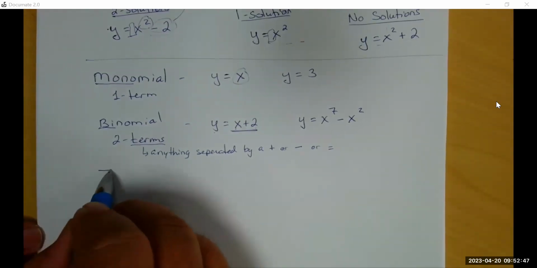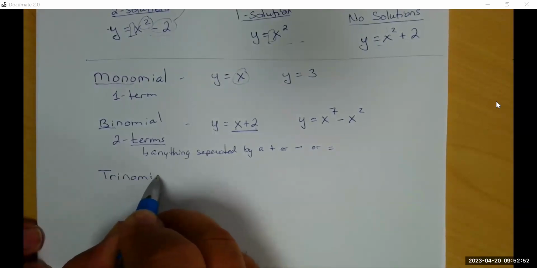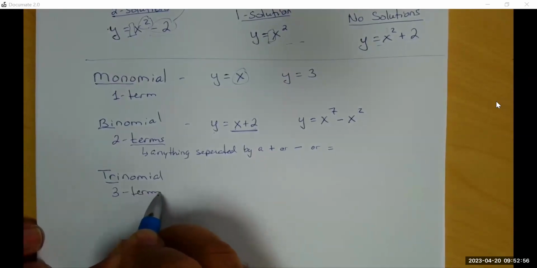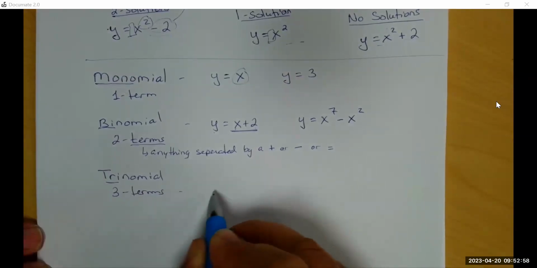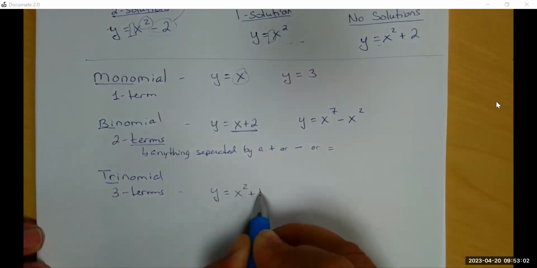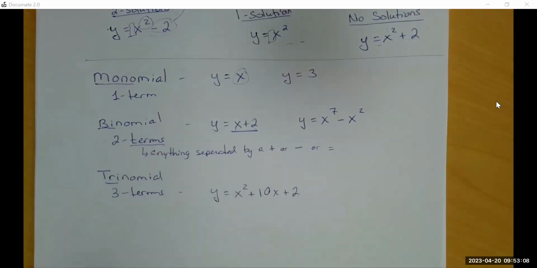So what do you think a trinomial would be? Three terms. Y equals x squared plus 10x plus 2. Has 3 terms.